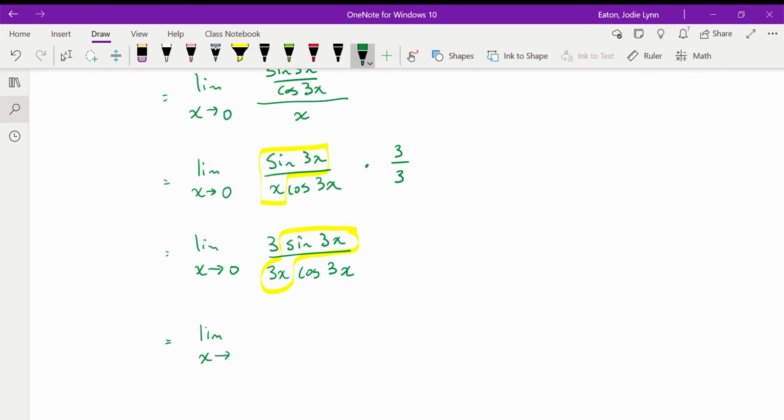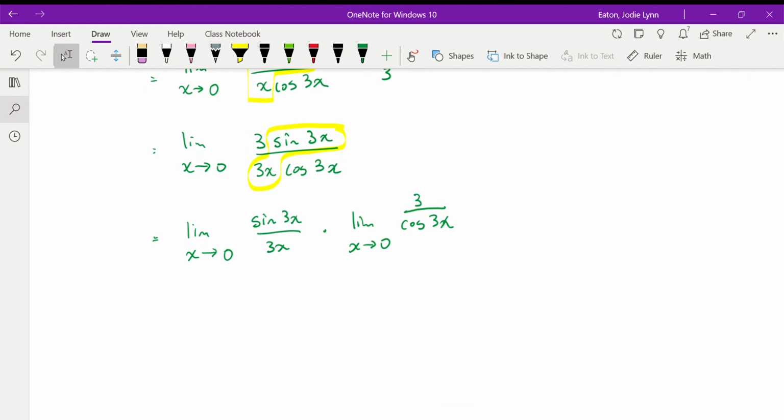So this is the limit as x approaches 0 of sine 3x over 3x times the limit as x approaches 0 of 3 over cosine 3x. We've got a 3 left over in the numerator and a cosine 3x in the denominator. And because it's multiplication, I can pick and choose what I want in each part.